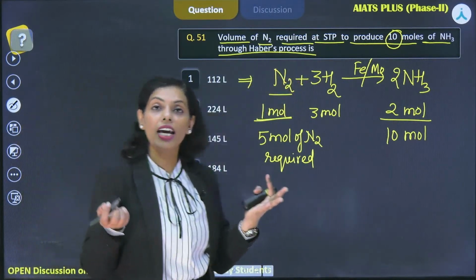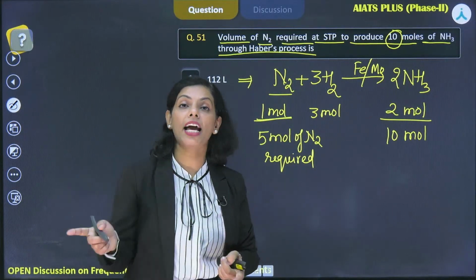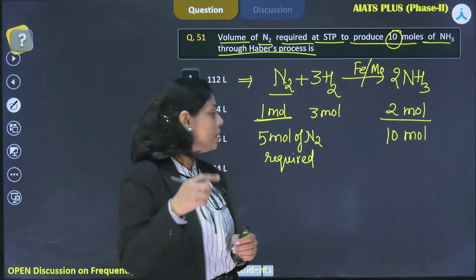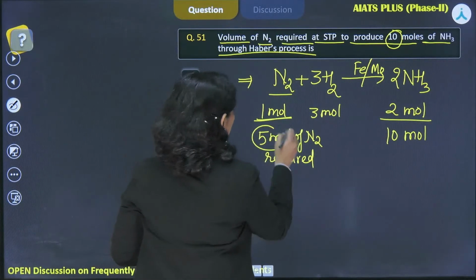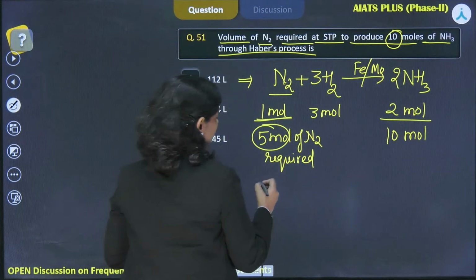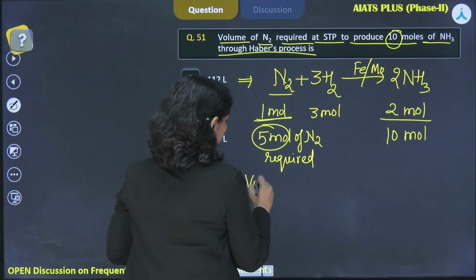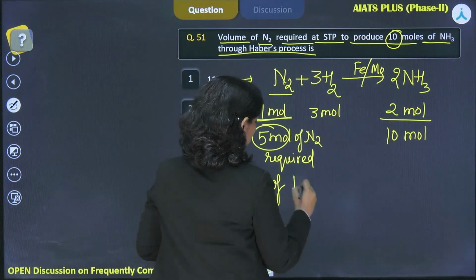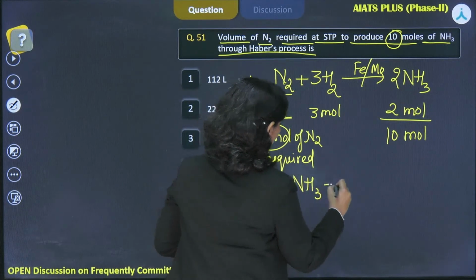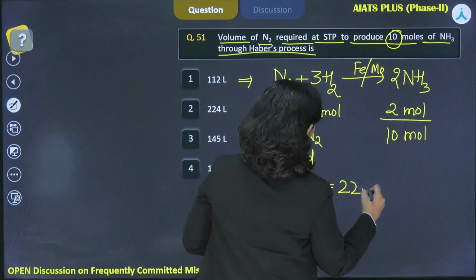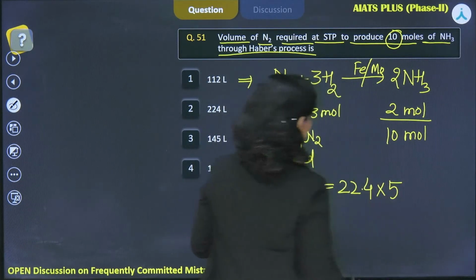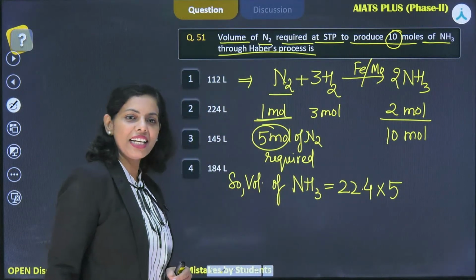And everybody is aware that 1 mole of a gas at STP has a volume of 22.4 liter, right? So 5 mole of nitrogen you have, then the volume would be 22.4 into 5, right? Just multiply, 112 liter.